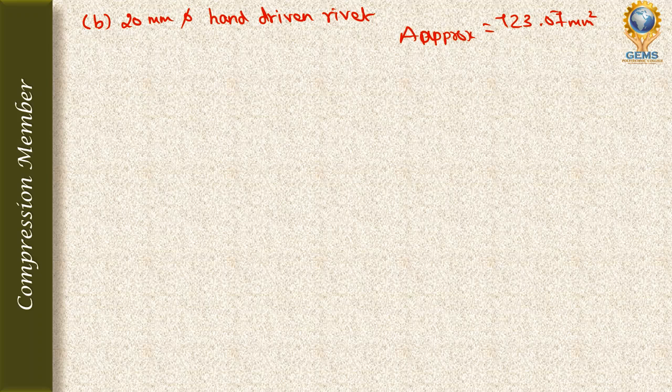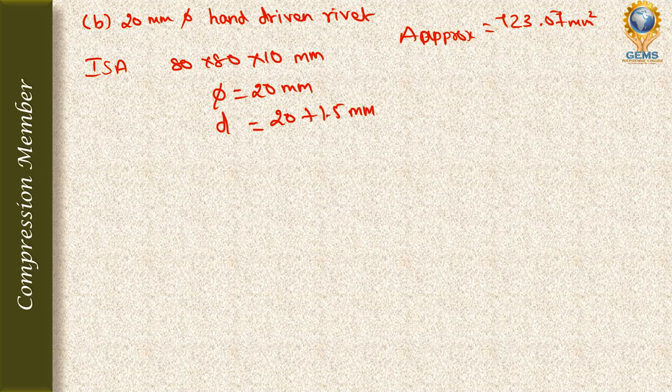By this approximate area we are assuming an ISA 80 by 80 by 10 mm equal angle. By this we have to find the number of rivets required and whether the section is safe or not. First we start with finding the number of rivets. The nominal dia is equal to 20 mm and our gross dia will be 20 plus 1.5 mm, equal to 21.5 mm.